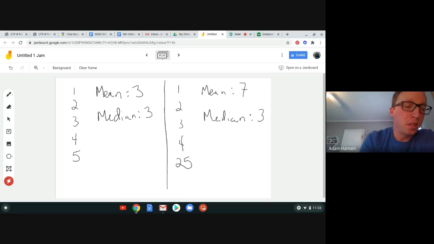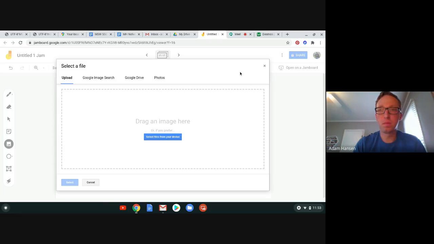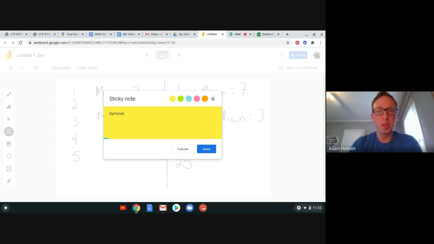To summarize skewed and symmetric data sets, for symmetric data, we use mean and IQR.